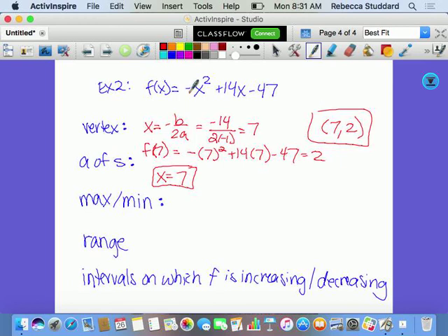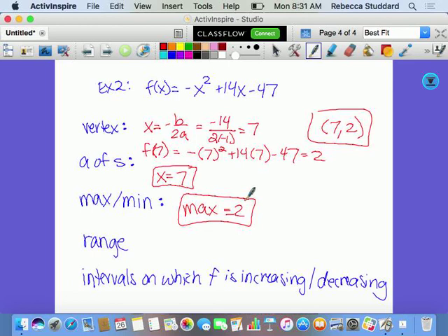The negative a. So it opens down. So it has a max. And Houston, what is that max? Negative 47. No, that is the y-intercept. If we were in vertex form, then that last number would be the max. But it's the y-coordinate of the vertex. So what is it? 2. Okay?